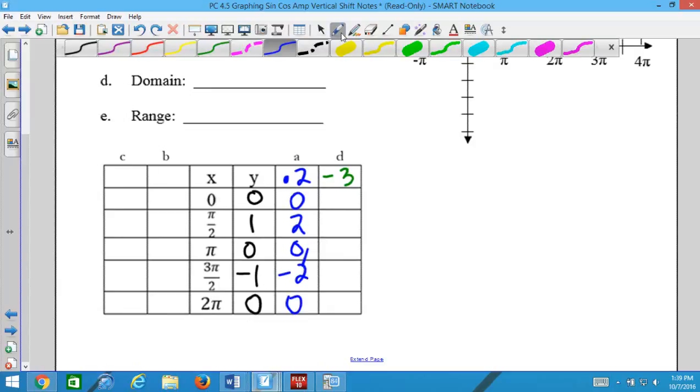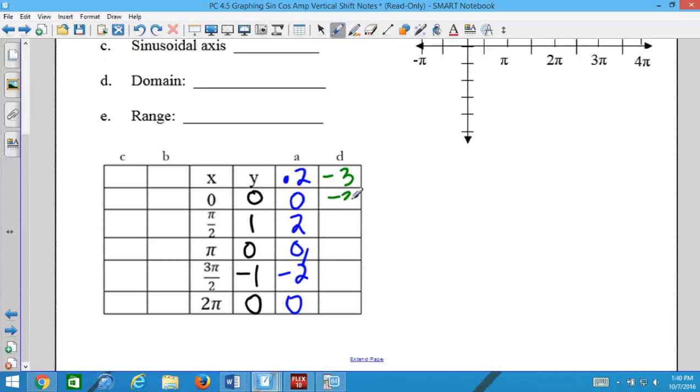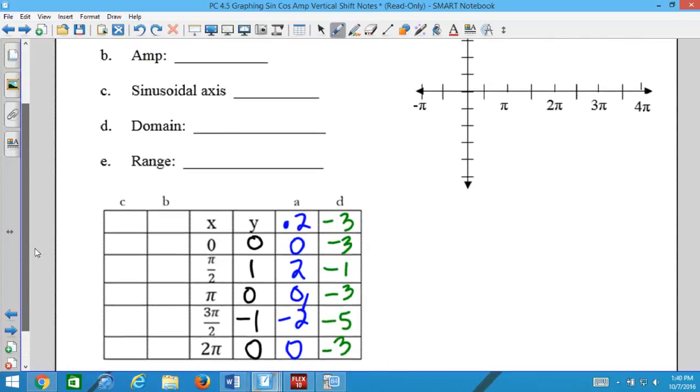And then subtract 3 off of my previous step. And so we get the ordered pairs. The x's didn't change, and we're looking at our D column. 0, -3, then -1, then -3, then -5, -3.